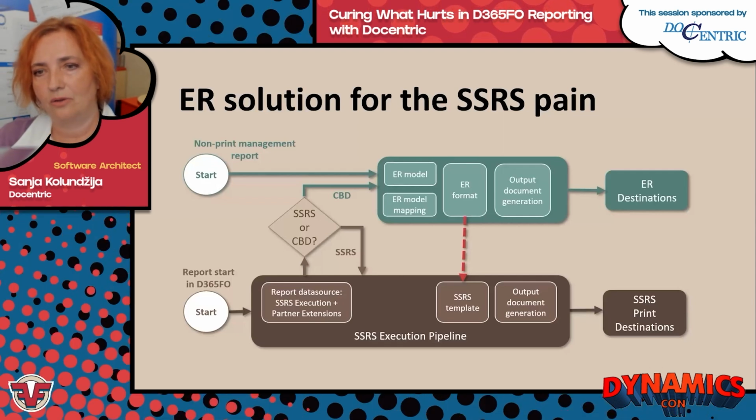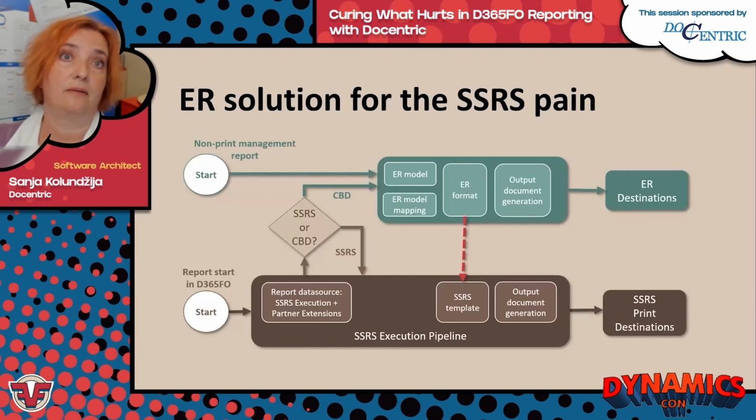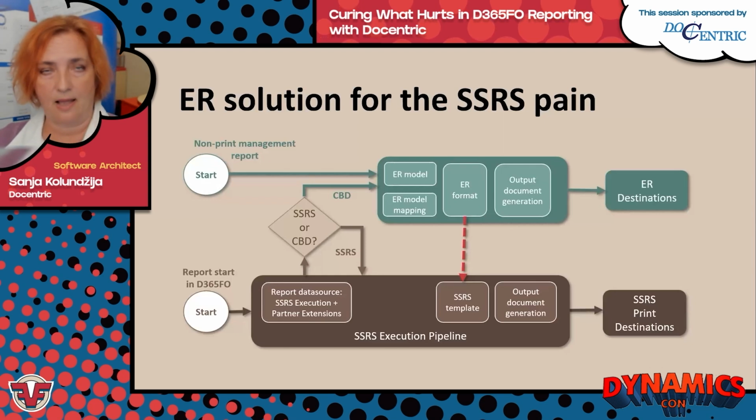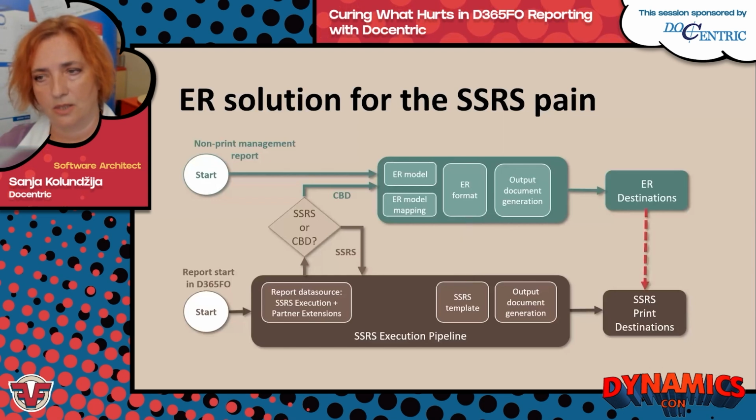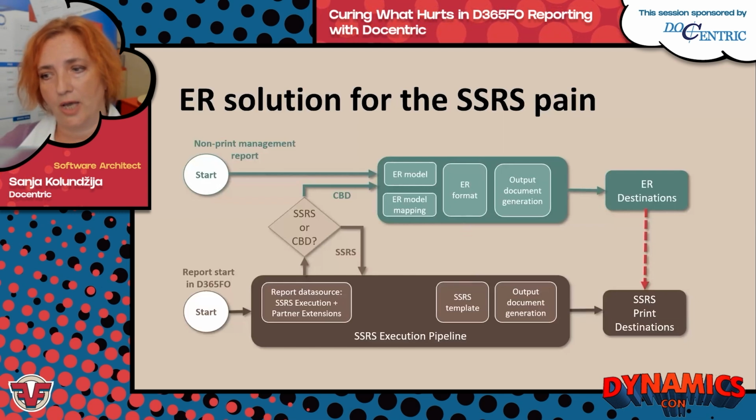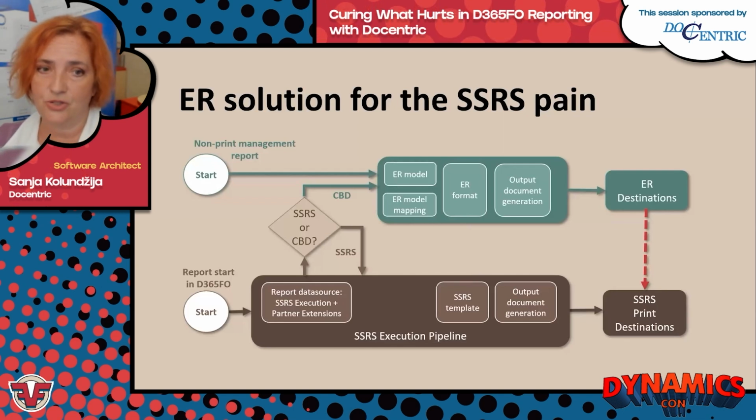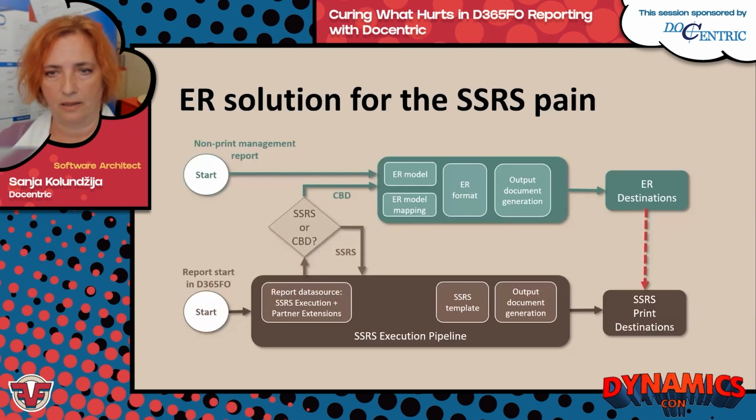And we don't see that after a year it was accepted, and we think that it's not going to be accepted, but that is something that Docentric is solving. And with electronic reporting destinations, Microsoft wanted to answer the challenge with that dinosaur for the SSRS print destinations. They did achieve some small improvements, but really still a lot is missing there.